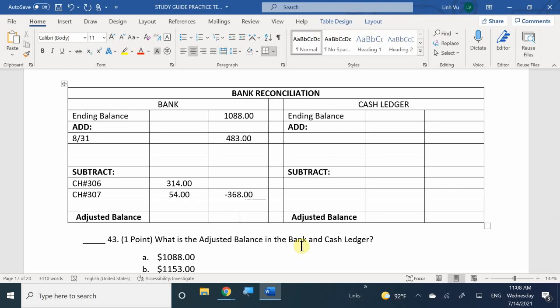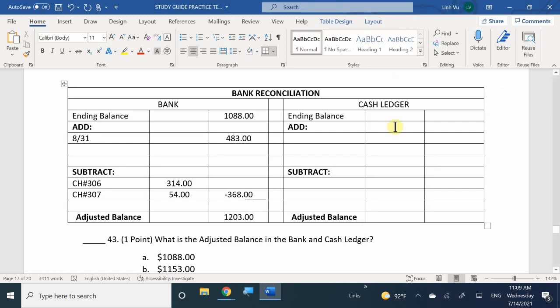I'm sorry, the 1088 plus the 483, which came to 1571, and then 1571 minus the 368. Oh, 1203. Okay. Good. Now let's go ahead and confirm that this number is correct. This is my correct adjusted number.